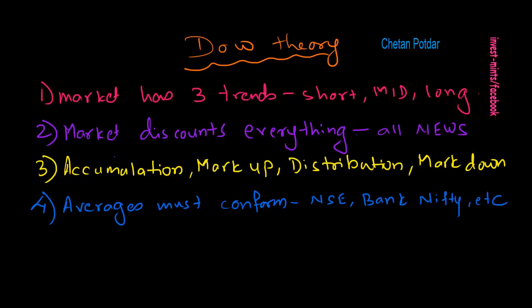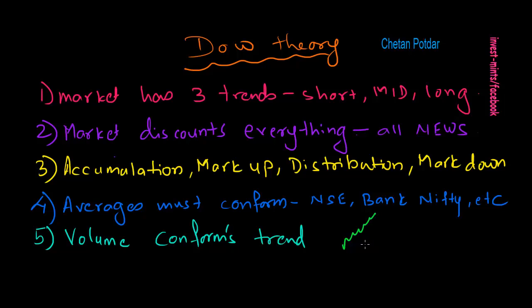The fourth point is averages must conform, which basically means that the Nifty index and the Bank Nifty both have to be moving in the same direction for the trend to be confirmed. There also has to be confirmation from volume. If the price is going up, the volume has to support the price going up, and if the price is going down, the volume has to support the price going down.